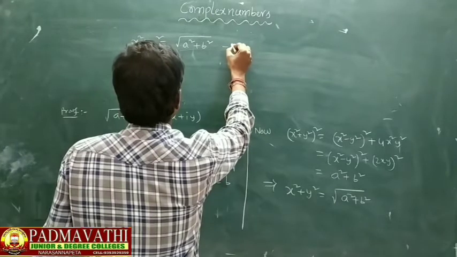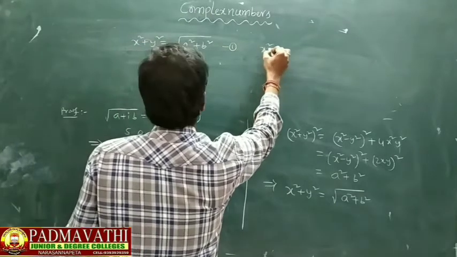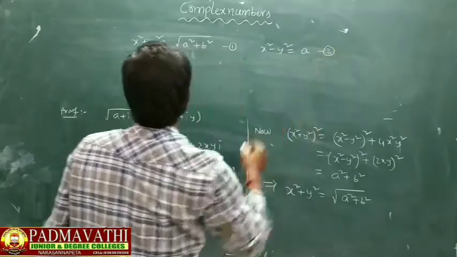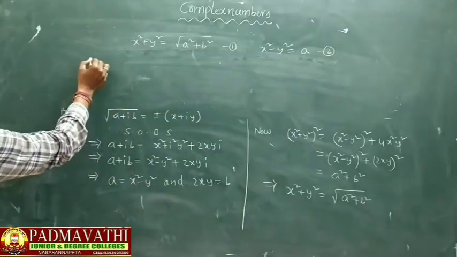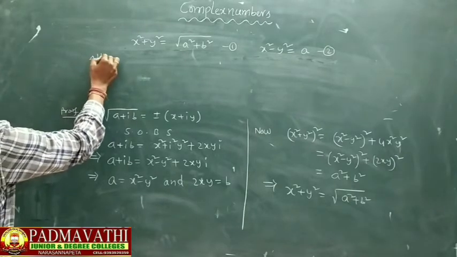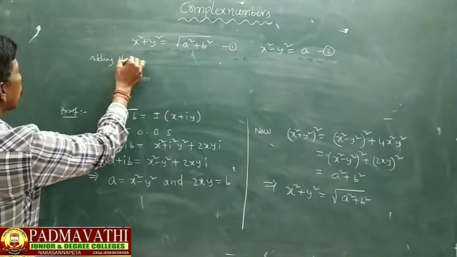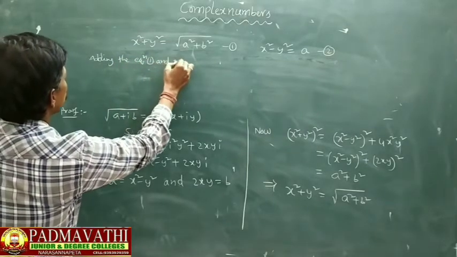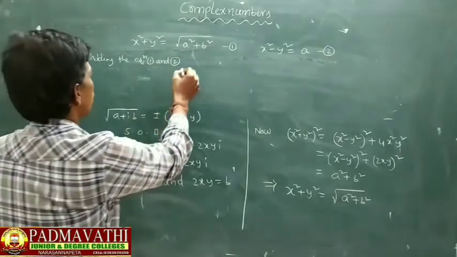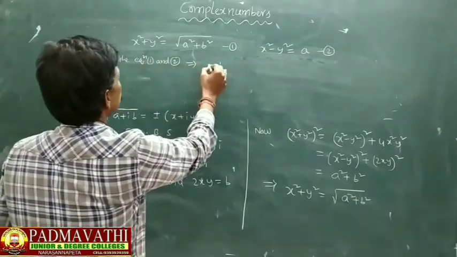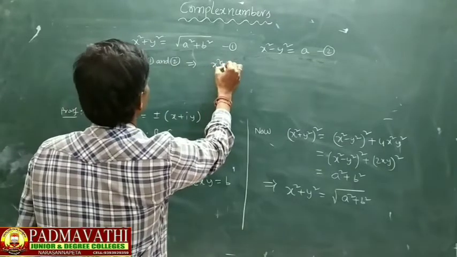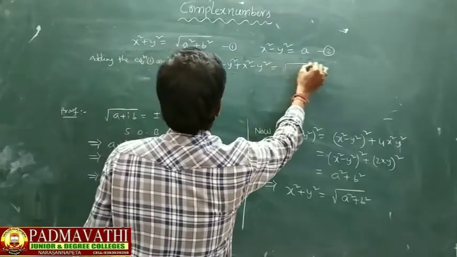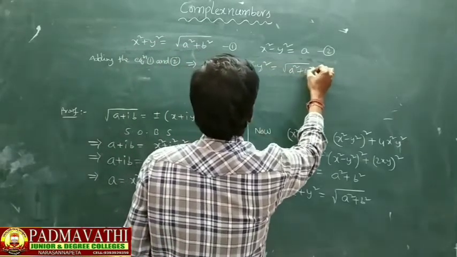Equation 1, x square minus y square equals a. Equation 2, x square plus y square equals root of a square plus b square. Adding equations 1 and 2, that implies 2x square equals root of a square plus b square plus a.